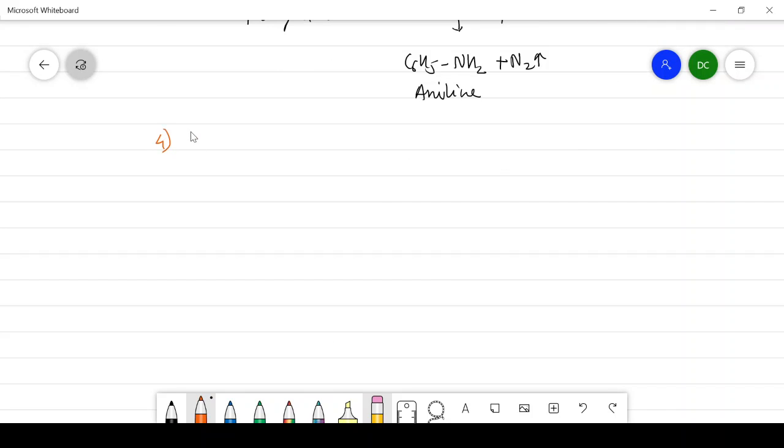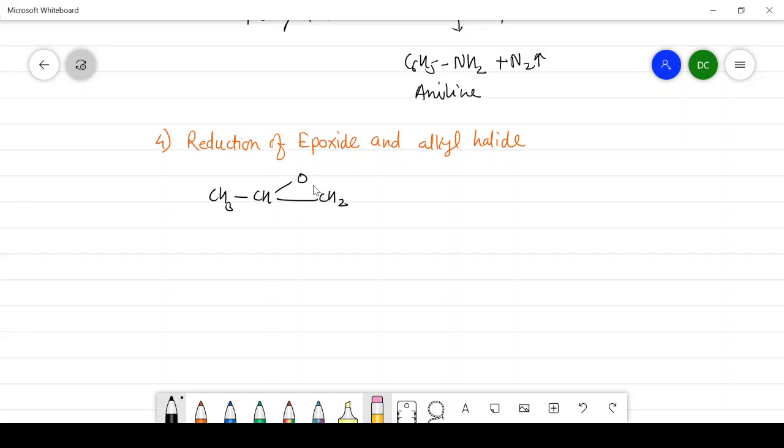The last application of lithium aluminum hydride is the reduction of epoxide and alkyl halide. We will take the example of an epoxide, CH, then O, here there is a CH2 and O. Reduction in presence of lithium aluminum hydride, ether, and second step hydrolysis.